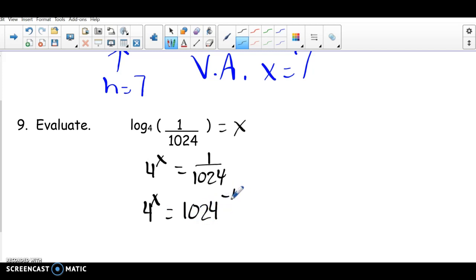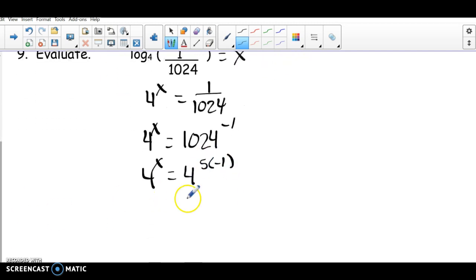And then you're going to go to your calculator and see what power you can raise 4 to that would give you 1024. And that's going to be 4 to the 5th power times a negative 1. When your bases are the same, they cancel each other out. So we have left x is equal to negative 5.